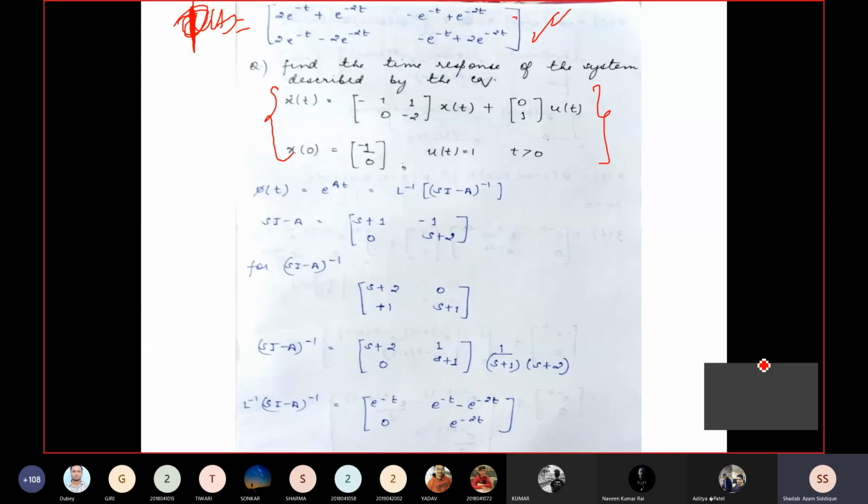We'll go very quick, because we have many problems to solve. Then we'll match with the solution. Till now, any doubt?